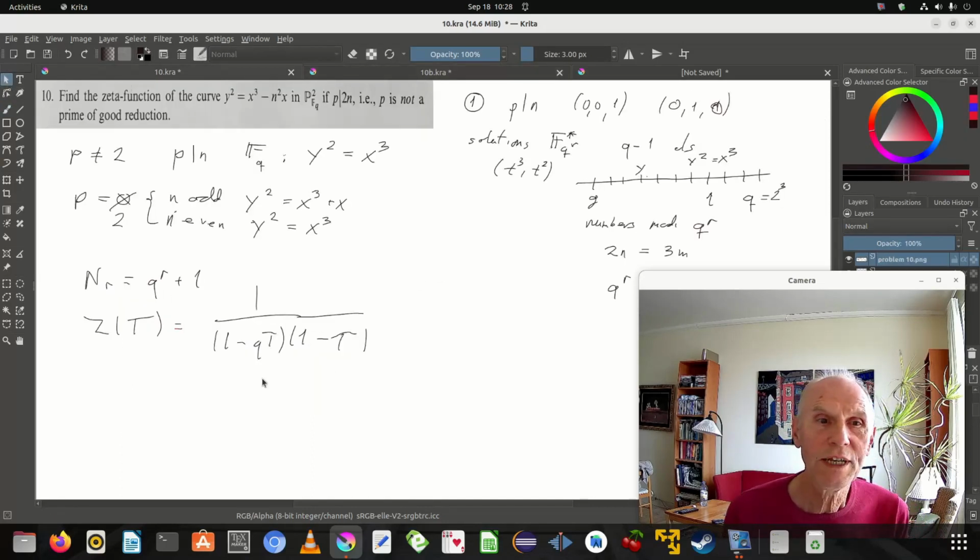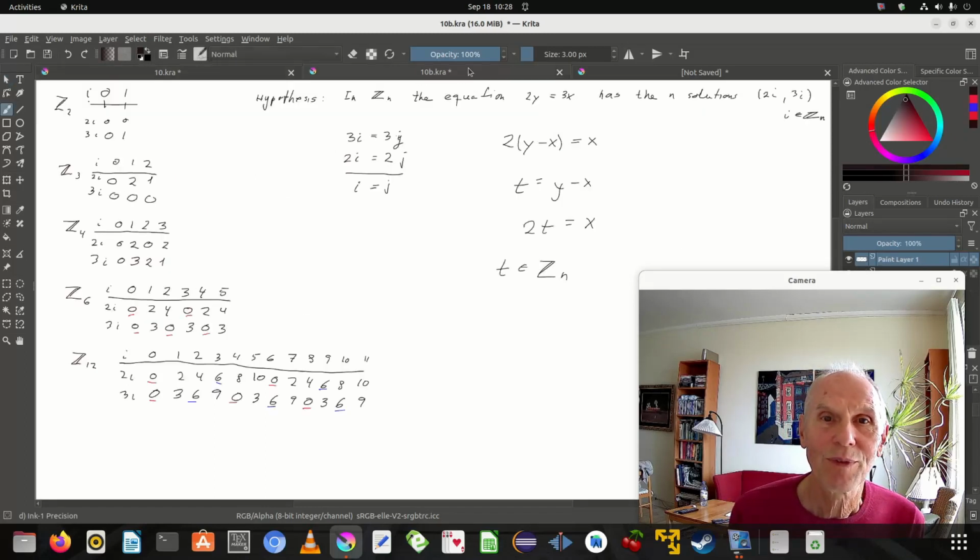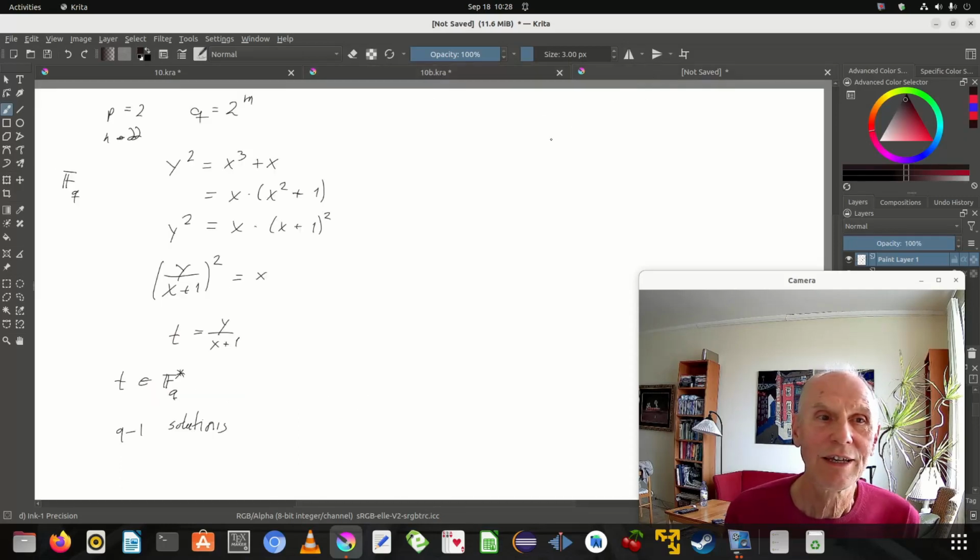So what we need is to prove that in any case there are exactly q^r plus 1 solutions, and that can be done with elementary algebra. In the case p divides n, we get this equation, and in case p is 2 and n is odd, we get this equation.